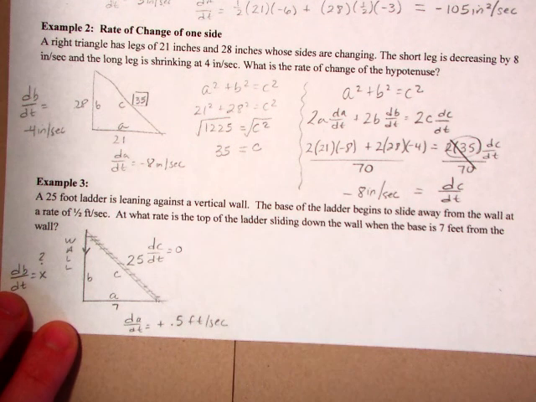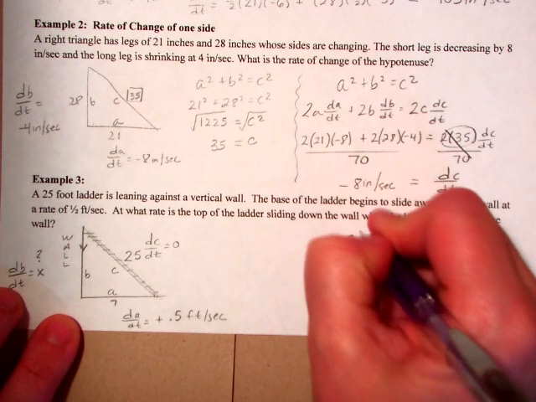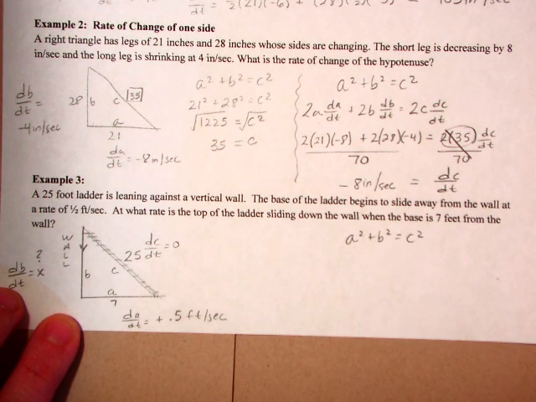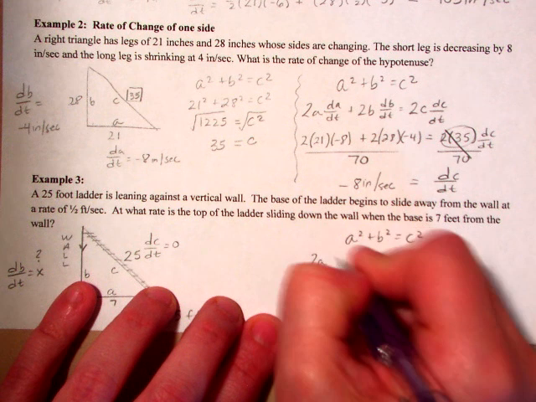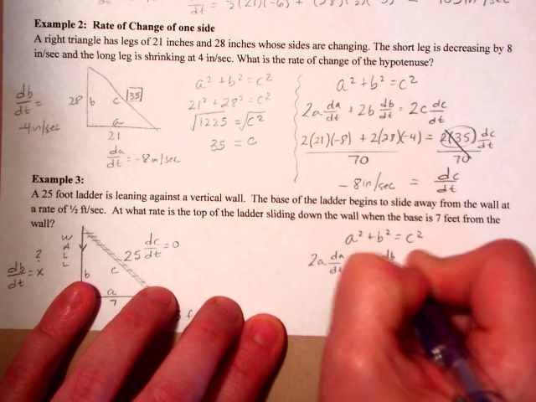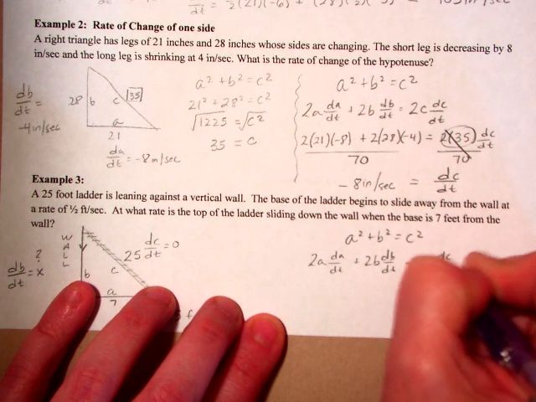Just like the last problem, okay, we had to come over here and set up our Pythagorean theorem. We then had to take our 2a dA dt plus 2b dB dt equals 2c dC dt.